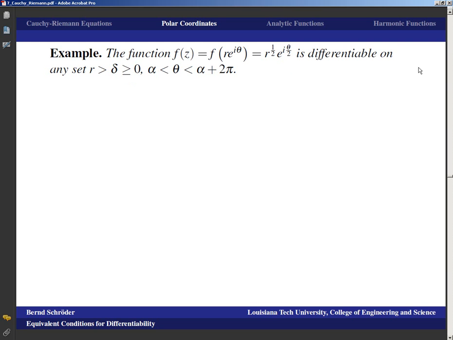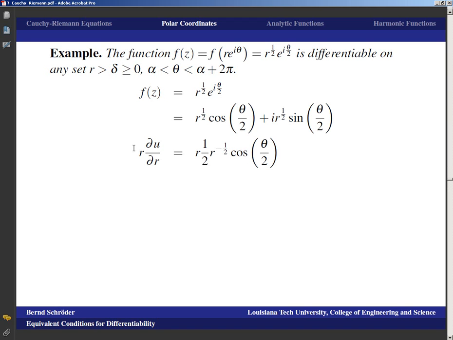Now we verify that f of z is r to the 1/2 e to the i theta over 2, which is r to the 1/2 cosine theta over 2 plus i r to the 1/2 sine theta over 2. Well, r du dr would just be r times 1/2 r to the negative 1/2 cosine theta over 2, which is 1/2 r to the 1/2 cosine theta over 2, and of course that is dv d theta, because the derivative of the sine is the cosine, and the 1/2 comes out from the chain rule.